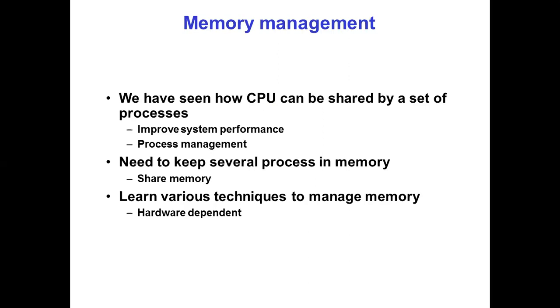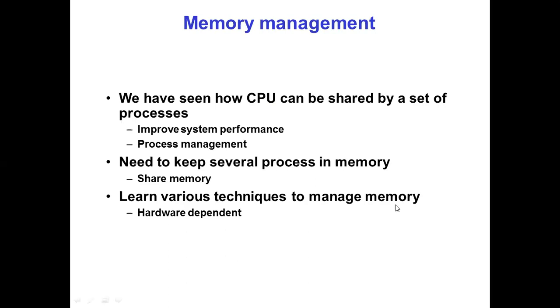Now, how can the CPU be shared by a set of processes? Because if a number of processes are going on, then some of the processes share the CPU and some of the processes share the main memory, that is the RAM.